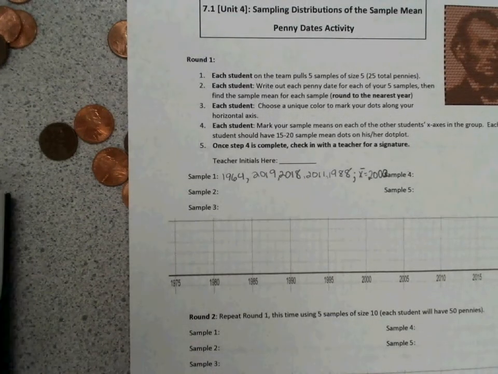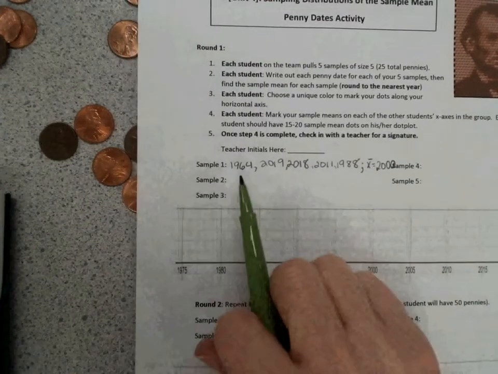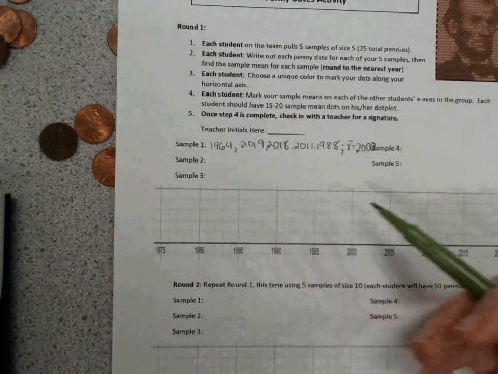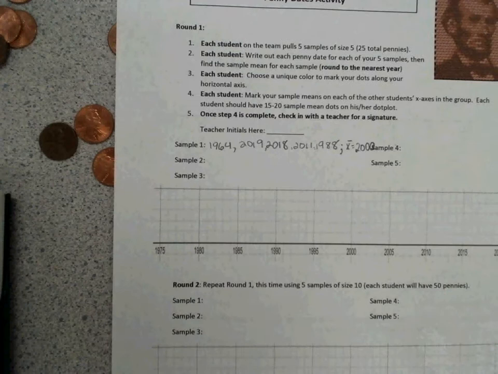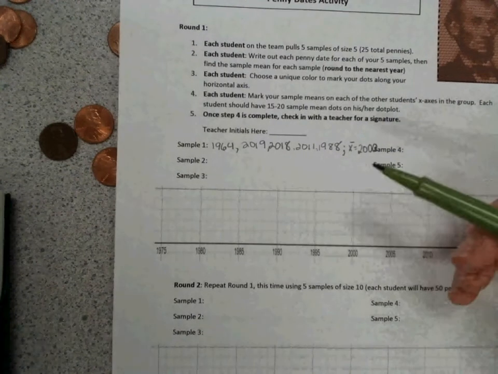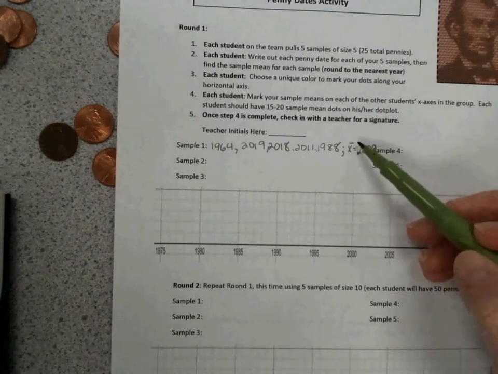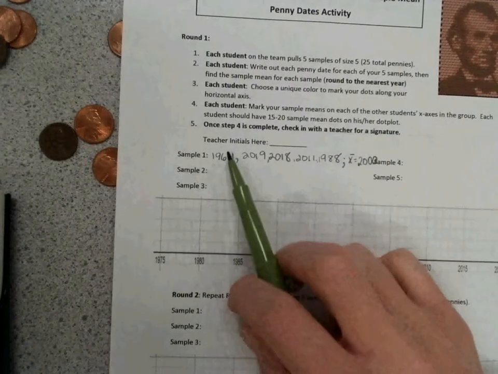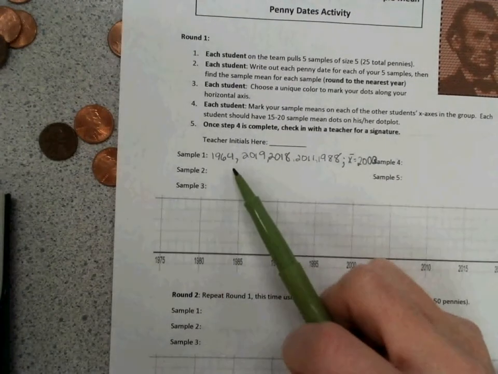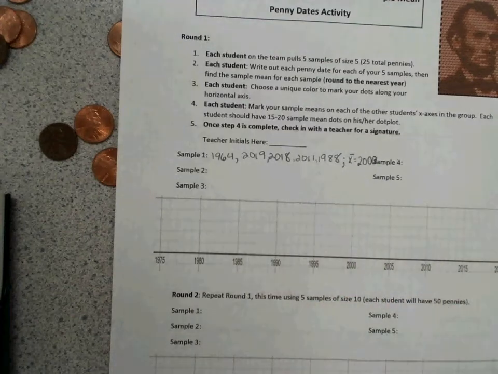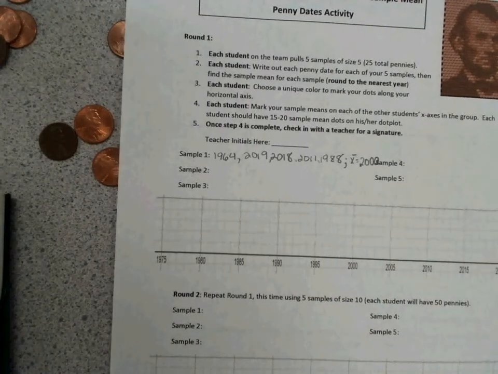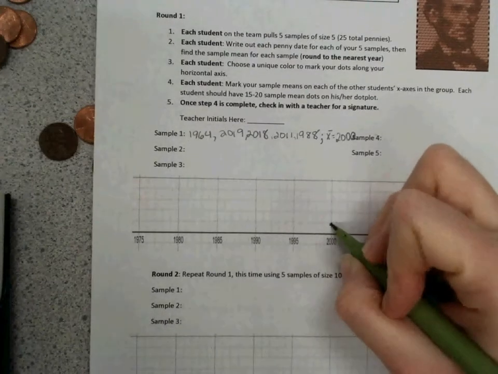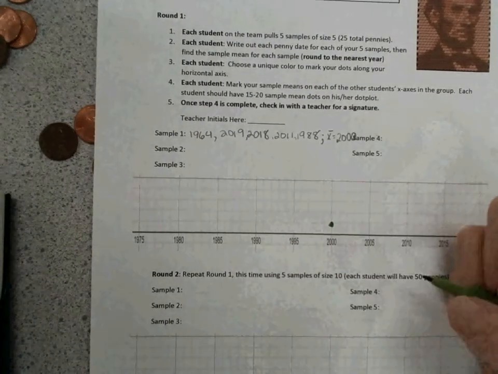This is unique from what we've done in the past, where each one of these different dates would be its own dot, and we would look for a sampling distribution of individual data points. Now we're looking for a distribution of sample means made up of a variety of means. So 2,000 would be right here. I'm going to put my dot right there above 2,000.